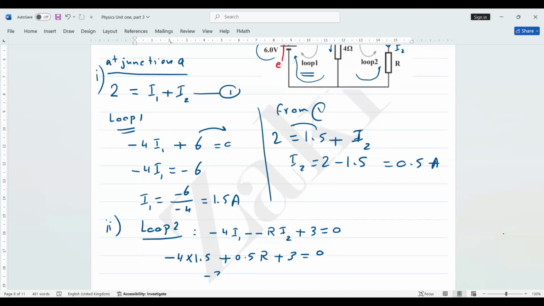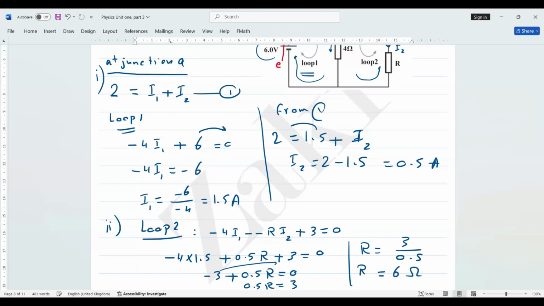Then we write negative 3 plus 0.5 R equals 0. Shift negative 3 to the other side. So 0.5 R equals 3. Then R equals 3 divided by 0.5, which equals 6. 6 what? 6 ohm. R equals 6 ohms.